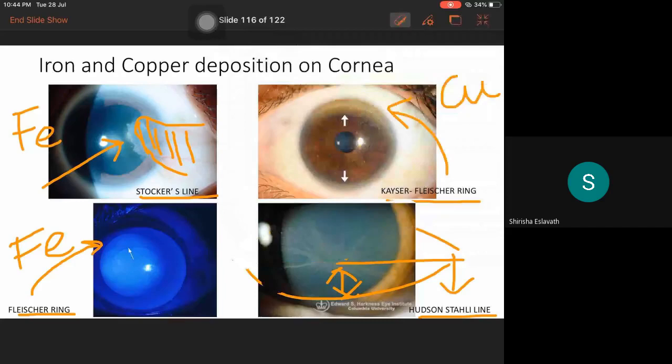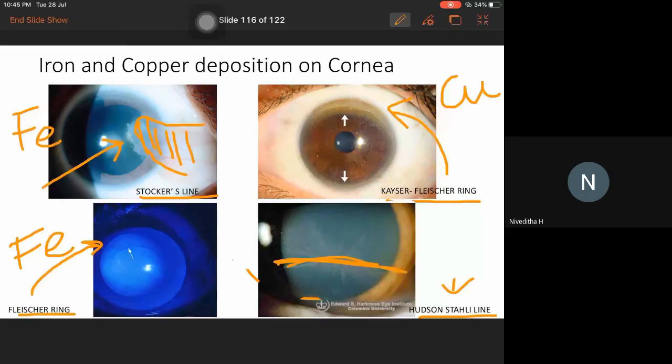So whenever they sleep during the night, when the eyelids are closed, because of the fluid which gets entrapped between the eyelids, the iron content from this tear meniscus will get deposited on the cornea. They will form a line like this. This is known as a Hudson-Stahli line.